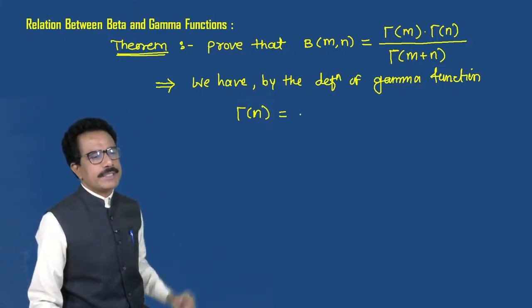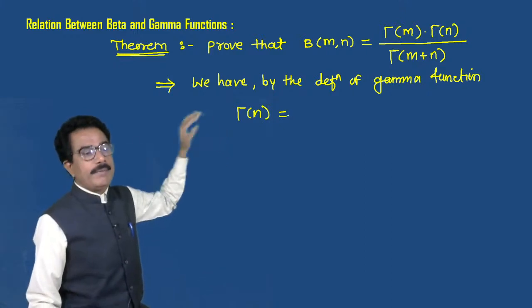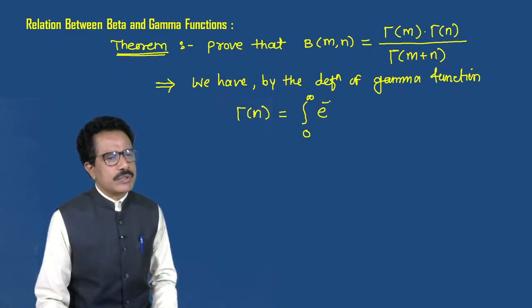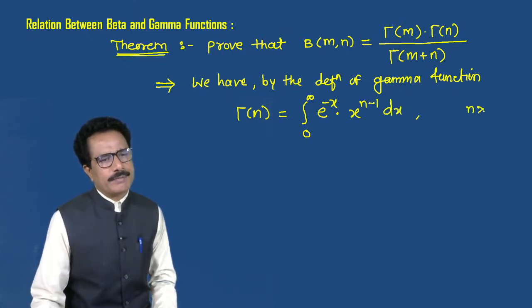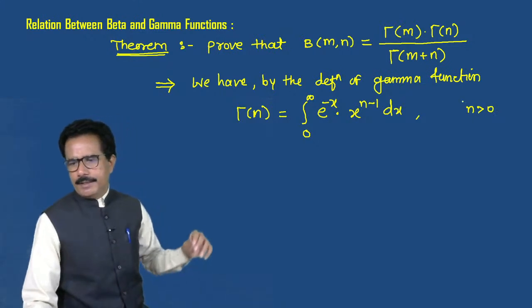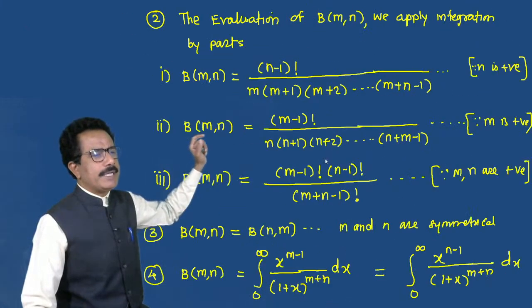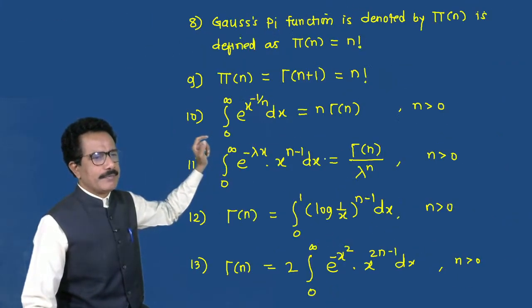Who can tell me what is the definition of gamma n? Gamma n is equal to integral from 0 to infinity e raised to minus x into x raised to n minus 1 dx. This is the definition of the gamma function. Is it okay? Very good, Sidhshwar. Now we have to use the different properties of a gamma function.